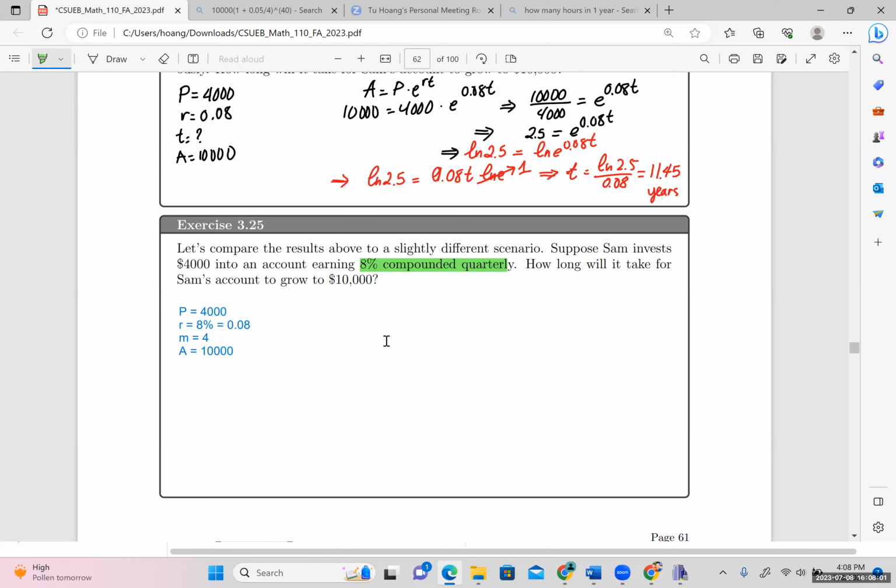Substitute all these values into it and solve for the time, for the t, and the answer is t equal to 11.57 years. Okay.